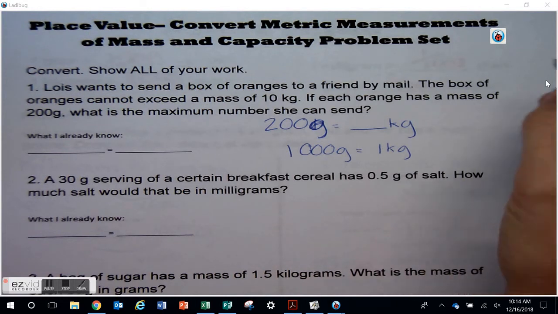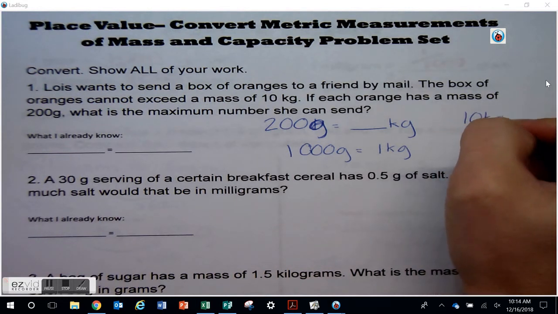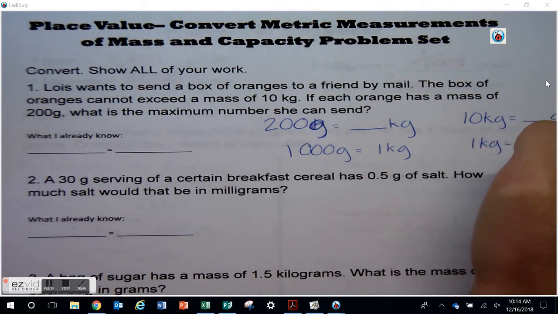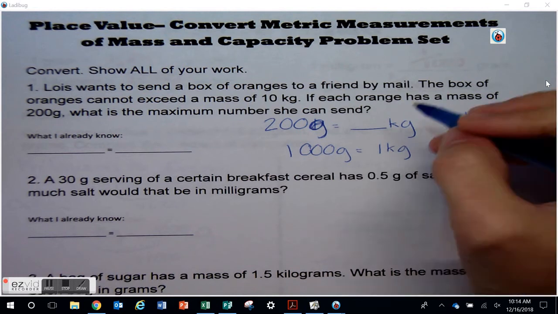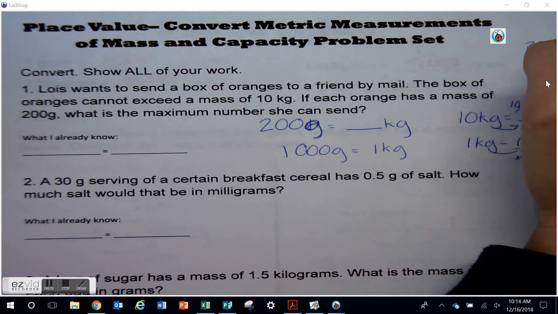I changed my mind. I wanted to figure out how many grams can fit. I know 1 kilogram equals 1,000 grams. So I multiply by 1,000. 1, 2, 3. So 10 times 1,000 is 10,000 grams. Well, if I have 200, that's 200, 400, 600, 800, 1,000.